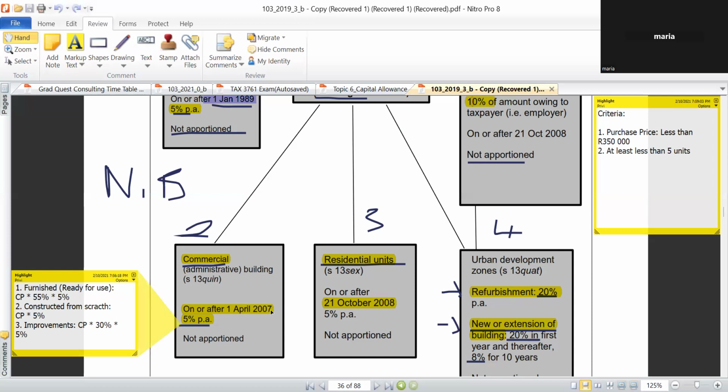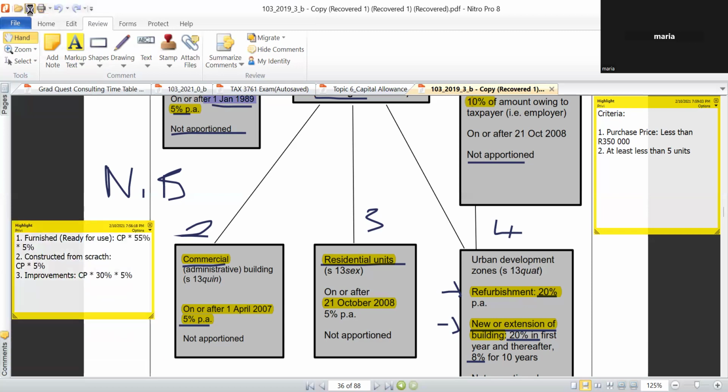If the asset in question was acquired after that period, you'll be allowed to claim 5% of the purchase price of the commercial building in question.